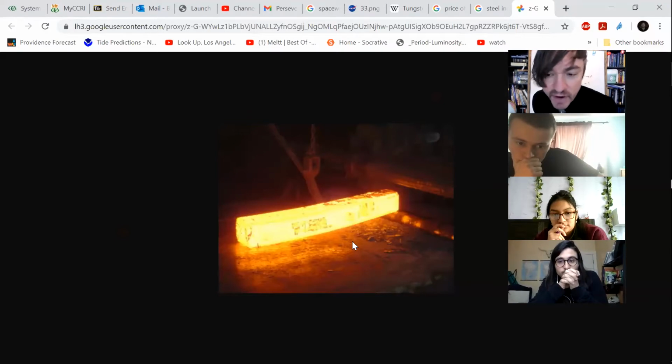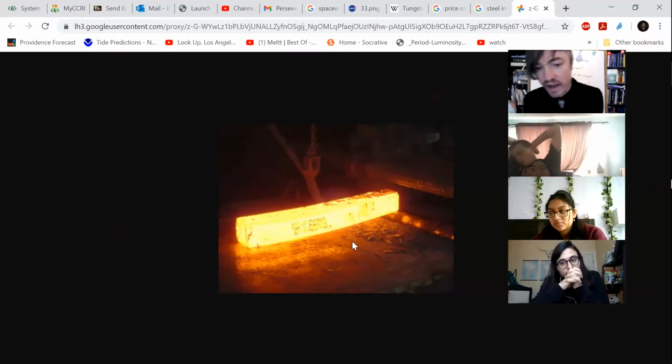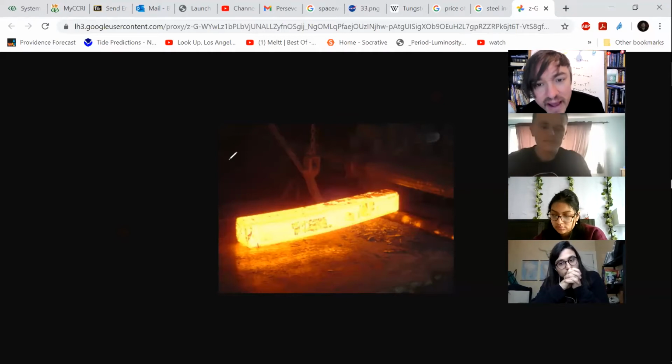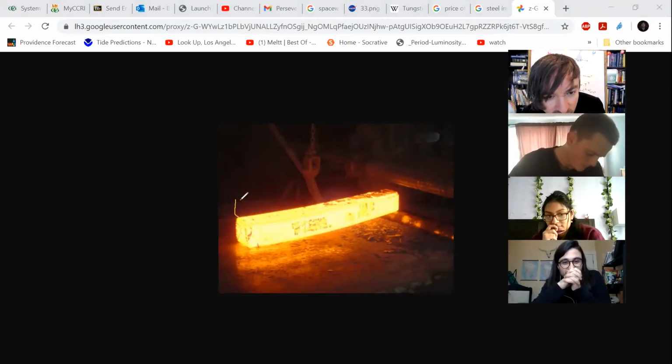That's probably about the brightness of a standard light bulb or more. Here's what I want you to imagine, guys. If I took a second identical block of metal and stacked it on top, would the luminosity of the total system change?